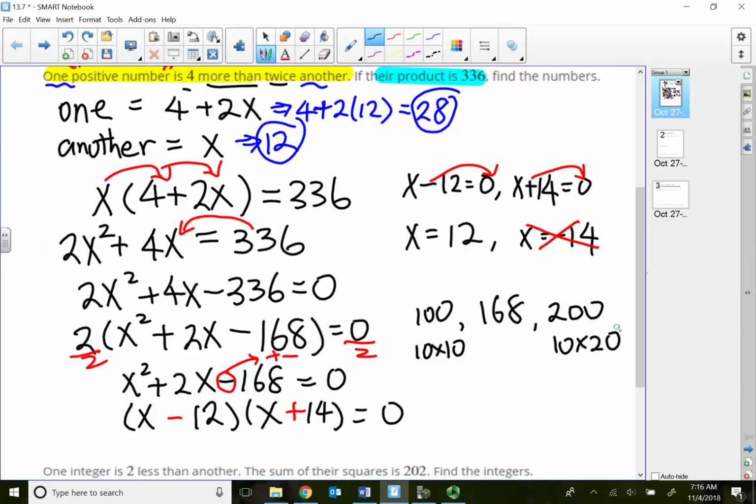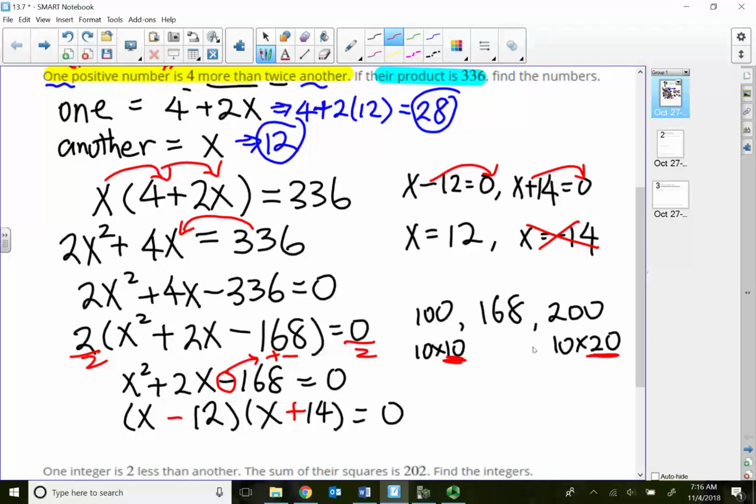So that means either way, in order to get to 168, I know my answer needs to be somewhere around 10 and somewhere within 20. I know it will be within 20 because my difference is so small. My difference is only going to be a 2 in the middle.